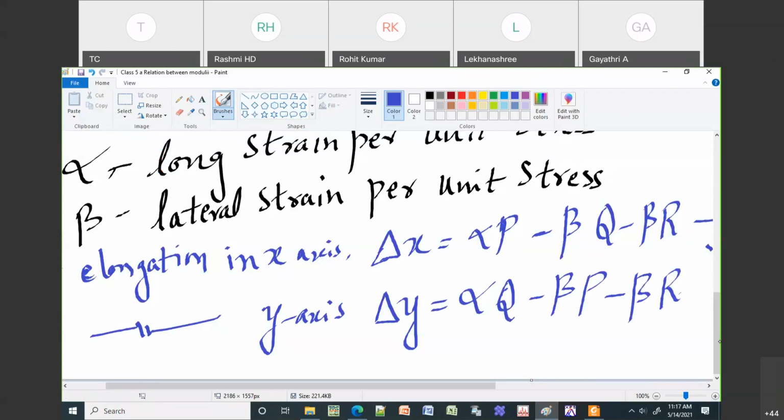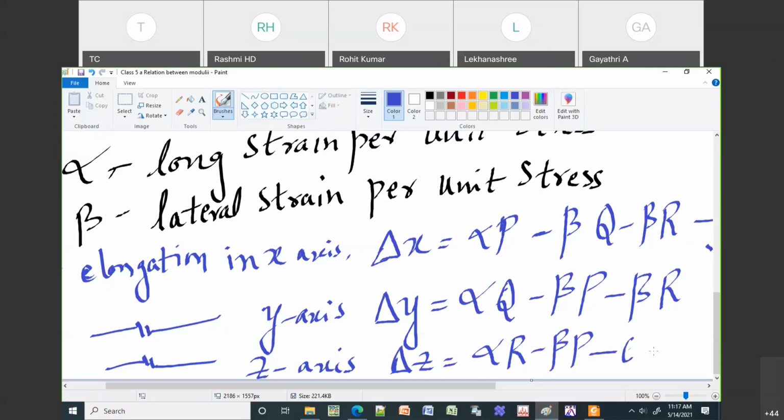Okay, so in the same way, if I want to take the elongation that is produced in the z axis, I will call this delta z. It is alpha times R because it is increasing when your R is acting, but it is going to decrease when your P and your Q is acting.